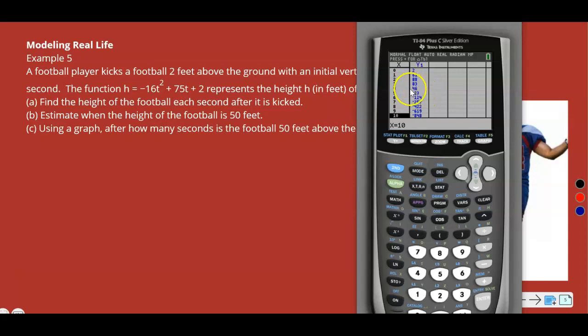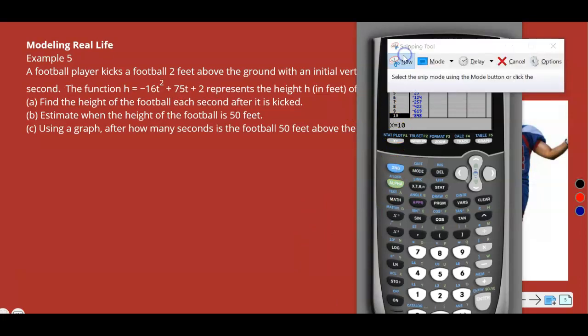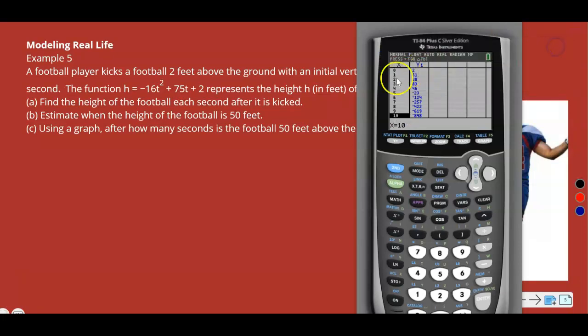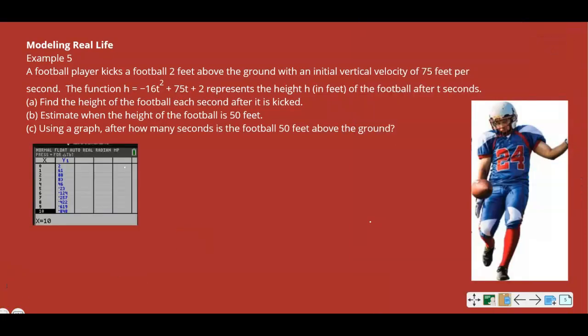Well, we know it can't go negative because once it hits the ground, it's at 0 and it stops. So that means it's going to hit the ground sometime between 4 and 5 seconds. Let's keep this table handy here. All right, I have a screenshot here of the table that we just looked at on the calculator.